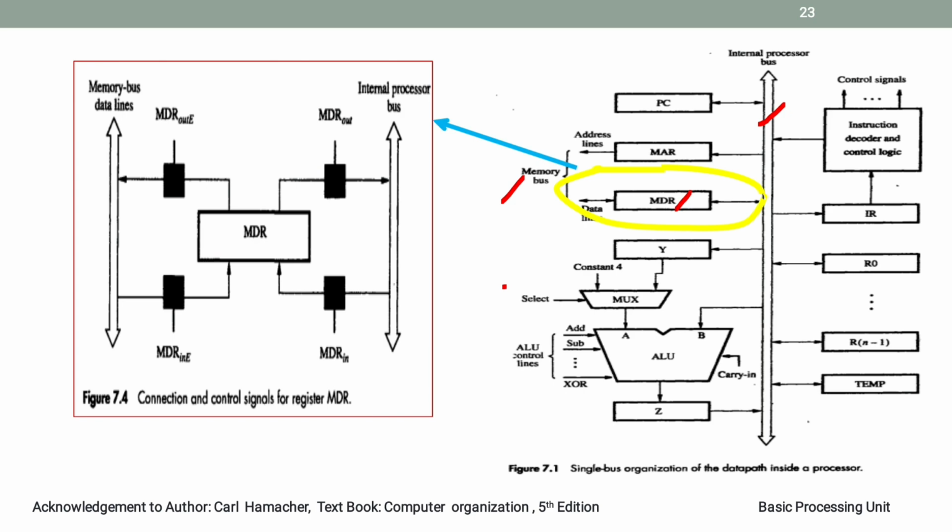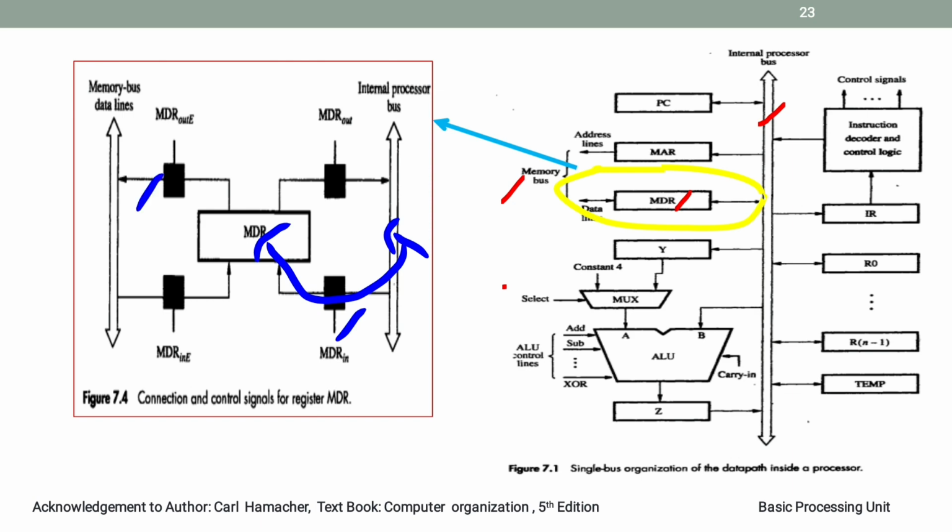Next, how the processor performs a write operation through MDR. The processor puts its data onto the internal processor bus. Then the MDR in control signal is given. Then from this internal bus the data is copied to MDR. Then the MDR out E control signal is given.